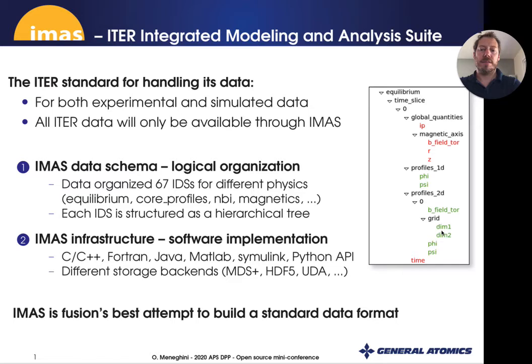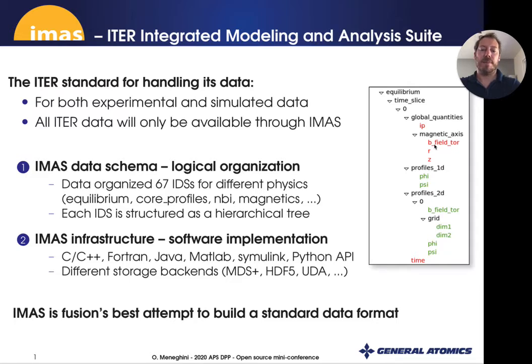Each of these data structures is organized in a hierarchical tree, as I'm showing here on the right for the equilibrium and some of the physics elements that we're always familiar with. The second element of IMAS is its actual implementation, the software infrastructure.